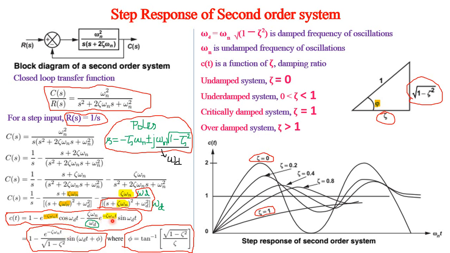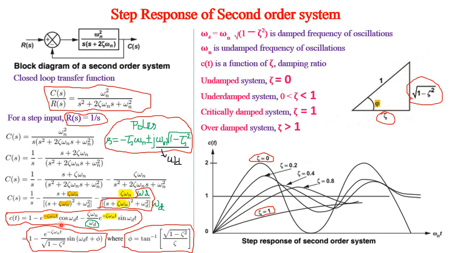So here we have zeta sin omega d t. If we see the damping ratio triangle, cos phi is zeta, sin phi is root of 1 minus zeta square.